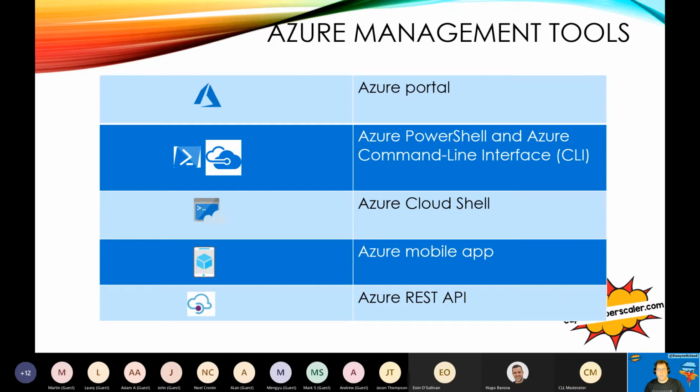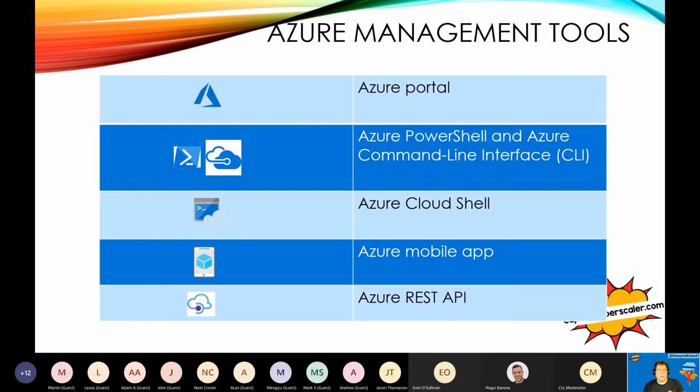The Azure mobile app is very helpful if you forget to turn off resources, if you're doing dev test and you've turned off your computer for the night or for the weekend, and you realize, oh, I forgot to stop that virtual machine. I've got a virtual machine running, or I've got resources that I need to break down and stop.